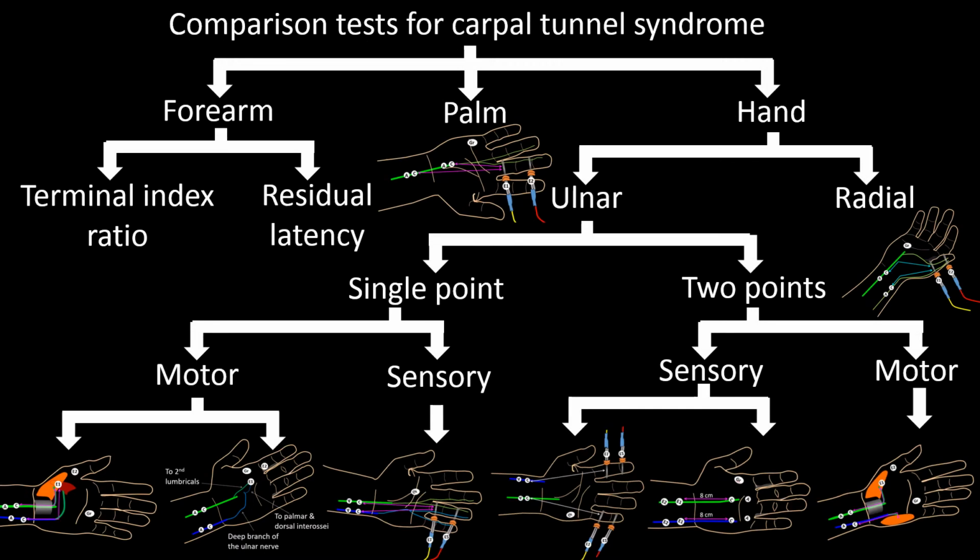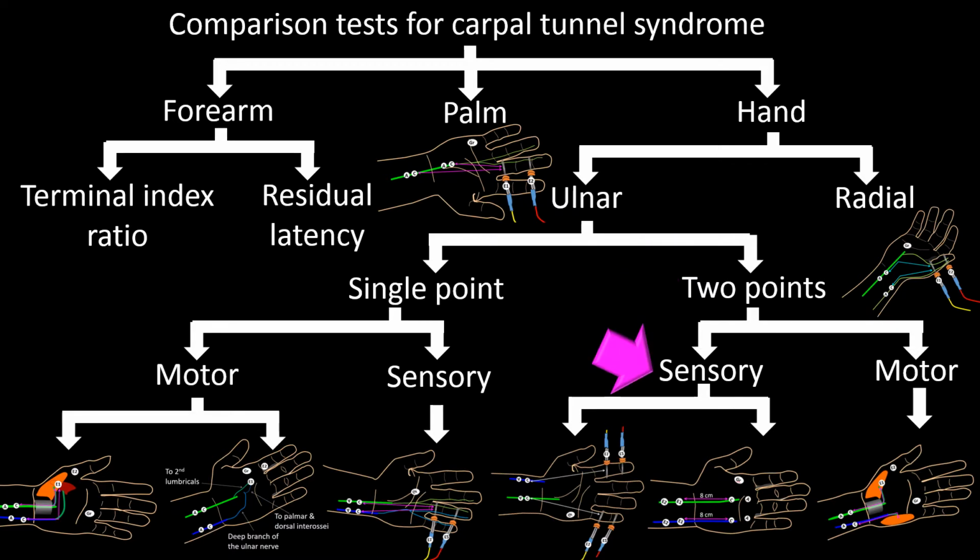As we have just seen, median and ulnar motor conduction comparison studies can be used as a technique for the evaluation of patients with suspected or diagnosed carpal tunnel syndrome. The story with sensory conduction evaluation is much the same. Median and ulnar sensory comparison studies can be achieved using two recording sites.